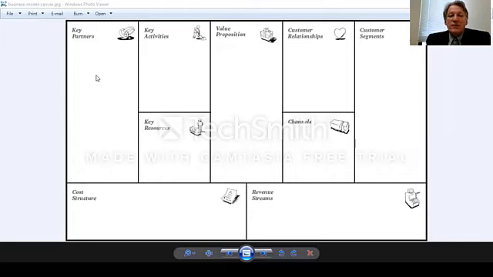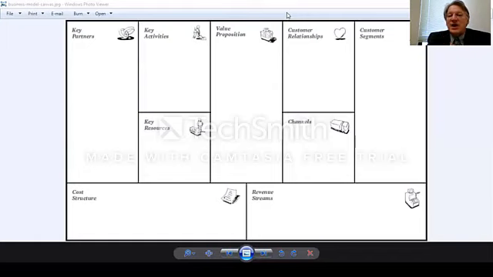Then let's jump right over here in the middle for value proposition. What is it? What is the reason that you exist? What are you providing better than everybody else for that particular group of customers? So you can link your customer segments with a value proposition.